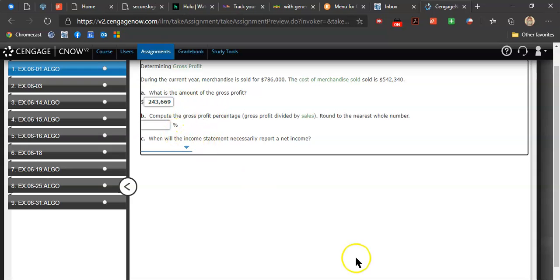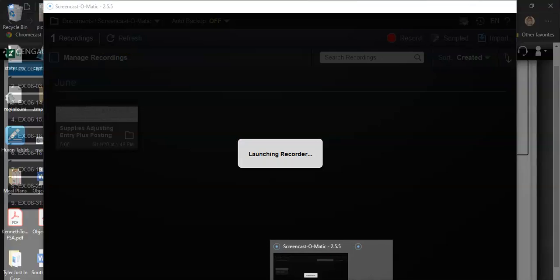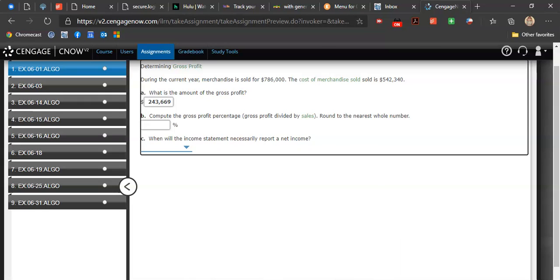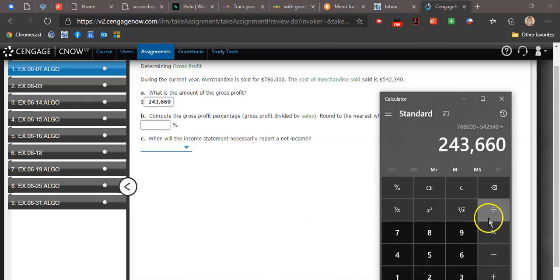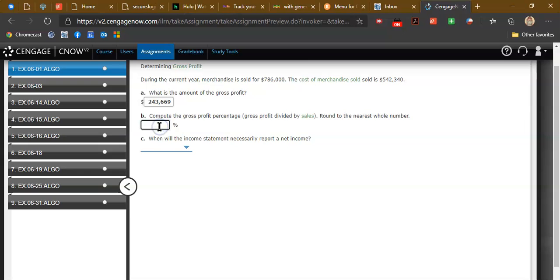Now, when it asks for the gross profit percentage, okay, we bring our calculator back up and we take that amount and divide it by the amount of sales, which is the 786 number, and we get a gross profit percentage of 31%. Make sure you convert it to a percent. You move your decimal place over 2 places to the right, and that's why it's 31 and not 0.31.